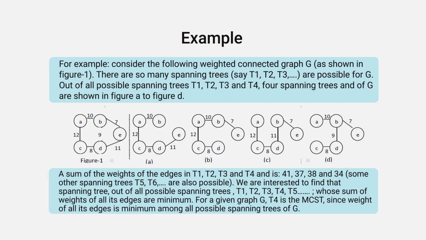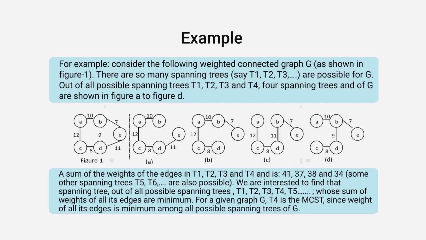If you check, the minimum out of these is 34, but this is not actually the minimum cost spanning tree, because we have not drawn every combination, as there are 5 vertices. What do I mean by this?